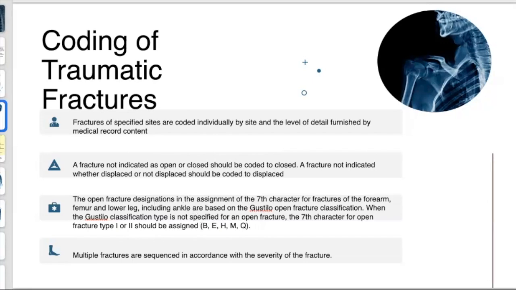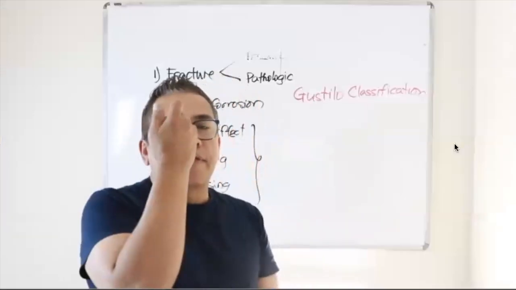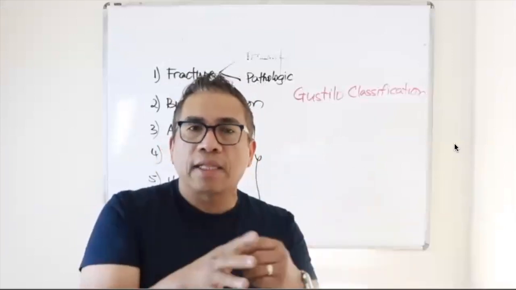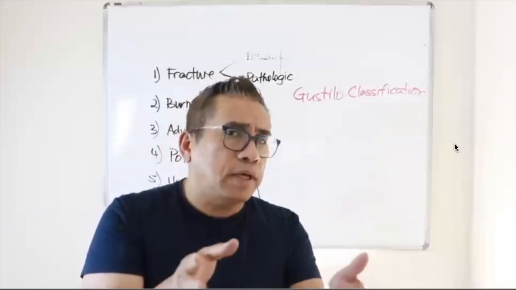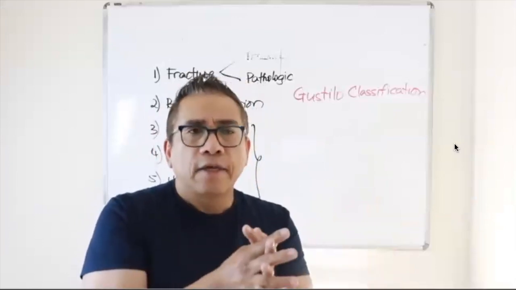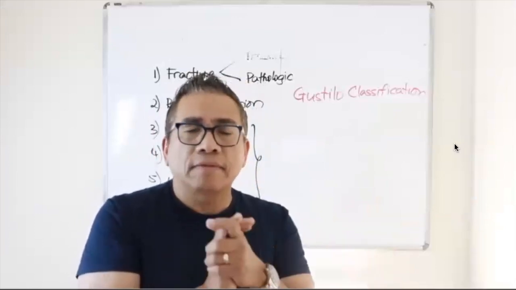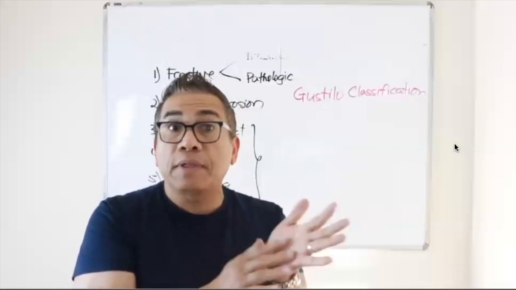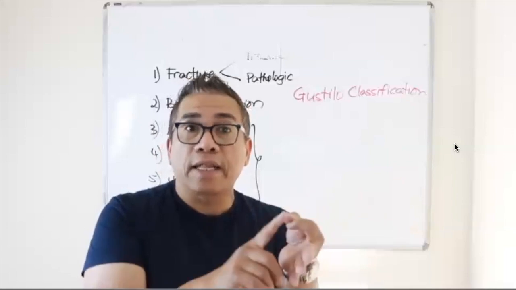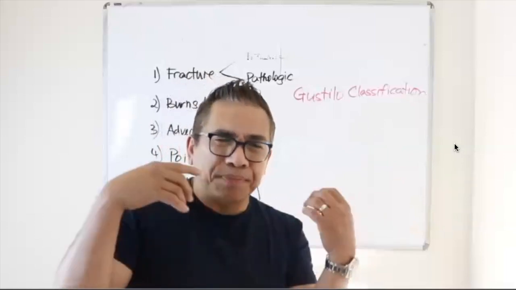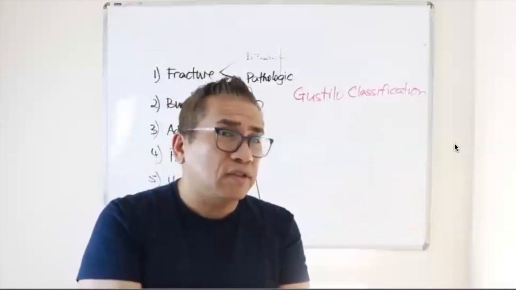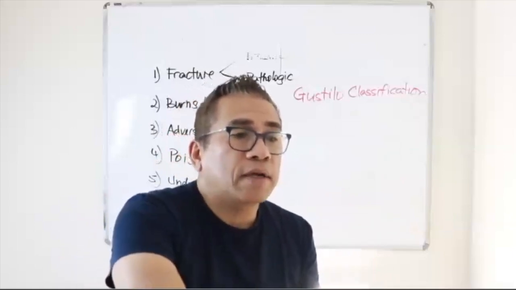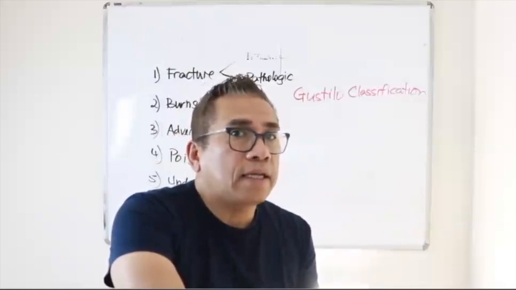So far, guys, you just need to remember that initially when we were reading the fracture guideline or the injury guideline, we were told that most of the time, the 7th character for injuries are limited to those 3 letters, the A, the D, and S. Now, when it comes to this Gustilo type fracture, you no longer have the A, D, and S. Look here.